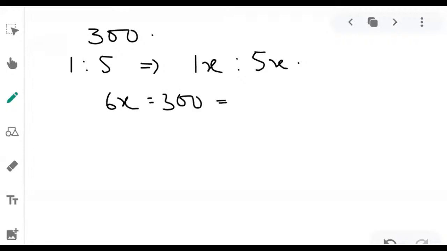So, I have them in the ratio 1:5. So, 1x is to 5x. So, 6x is equal to 300.